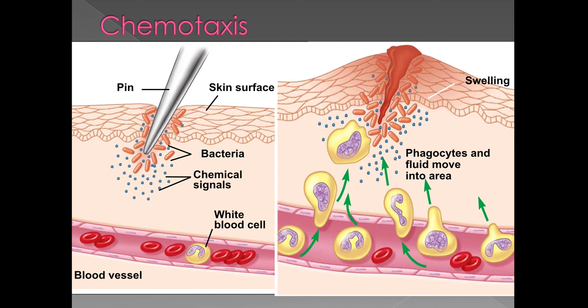We're sending a chemical signal. Now, once the white blood cells are near that area, they're going to squeeze through the endothelial cells of the blood vessels, and we call that diapedesis, to move into the area and eat away the bacteria and damaged cells. So these are phagocytic cells, they're eating cells.